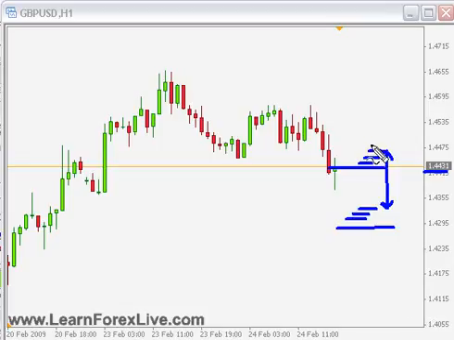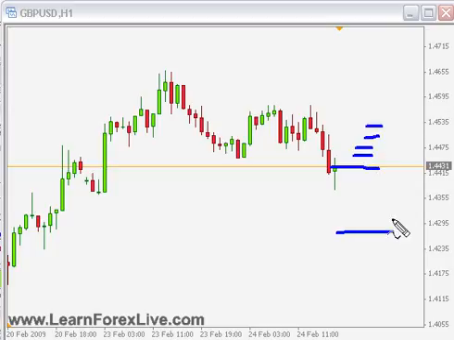Obviously, if price turns around, your broker will not proceed to push your stop loss down anymore. Otherwise, that would be self-defeating, right? Your broker will only push your stop loss as long as the price continues moving in your direction.